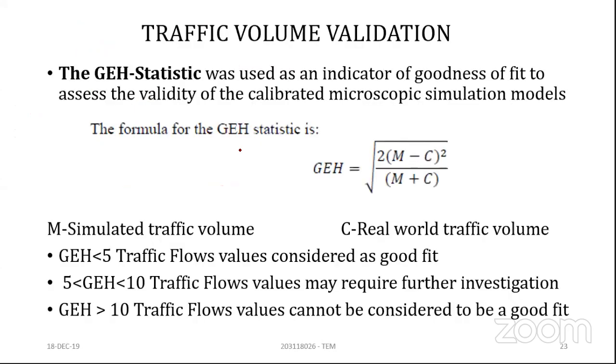So let's see one by one how it is for our particular conflict model. This is nothing but the GEH statistic, which compares the simulated traffic volume and the real-world traffic volume.